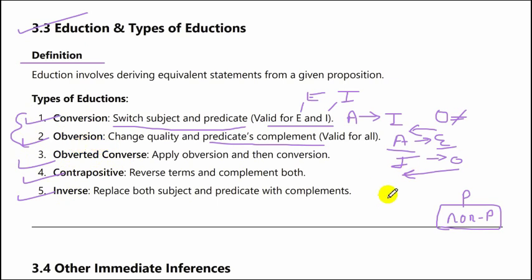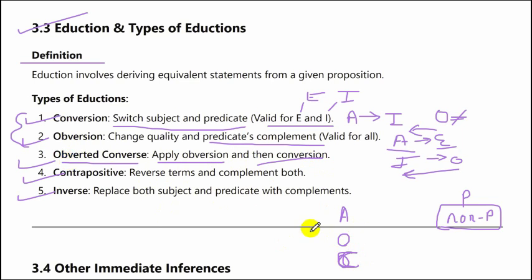So if you want the obverted converse of a proposition, first we have to apply obversion and then conversion. So it is called obverted converse.